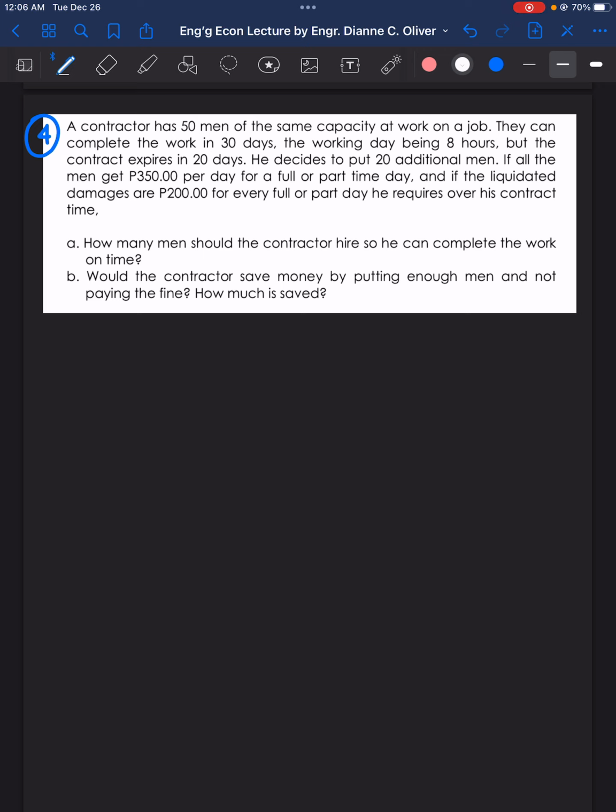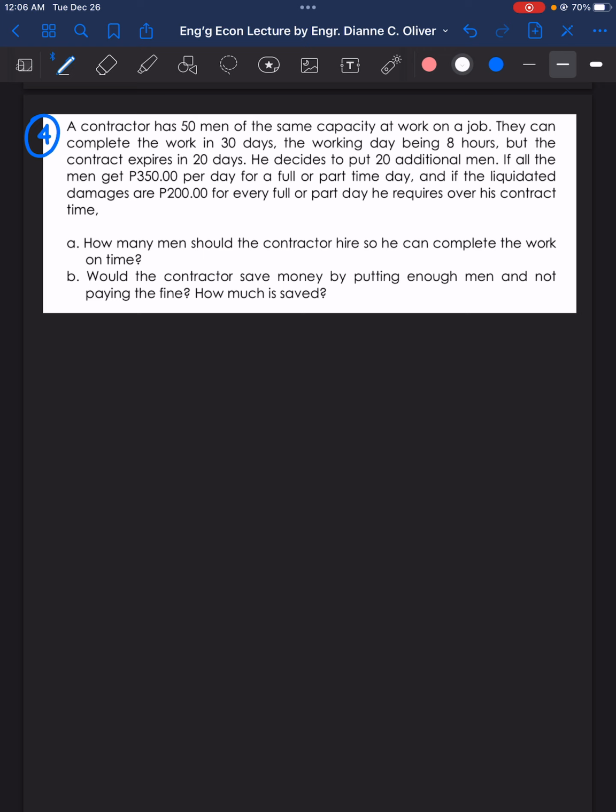If all the men get 350 pesos per day for a full or part-time day, and if the liquidated damages are 200 pesos for every full or part day he requires over his contract time. Letter A. How many men should the contractor hire so he can complete the work on time? Letter B. Would the contractor save money by putting enough men and not paying the fine? How much is saved?